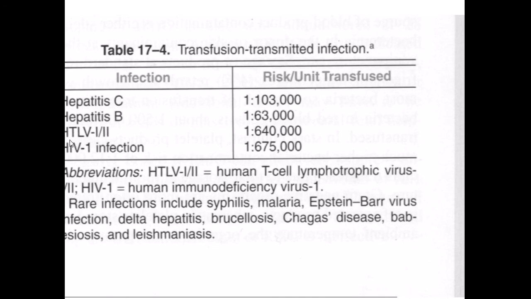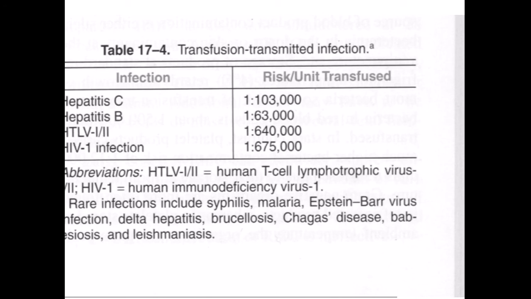Also, HTLV 1 and 2, those could be transmitted also by blood. And of course, the HIV virus could be transmitted also by blood, and those have to be tested at least routinely: hepatitis B, C, and HIV. This is very common, and also for Treponema pallidum and syphilis.